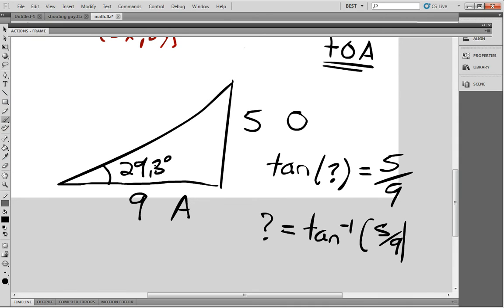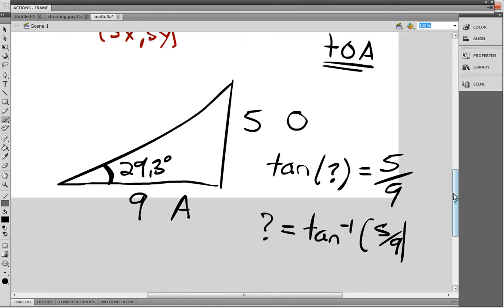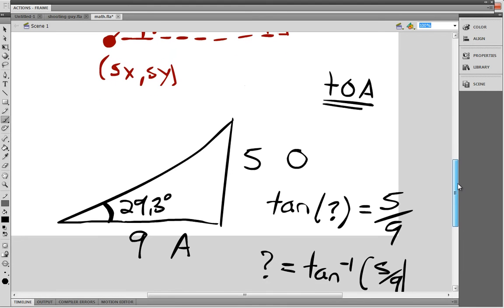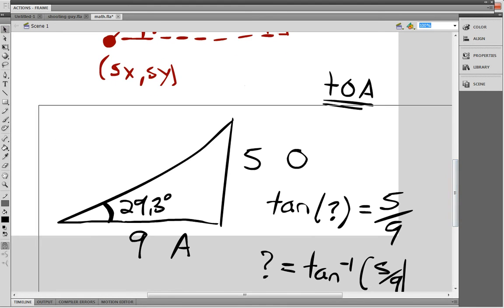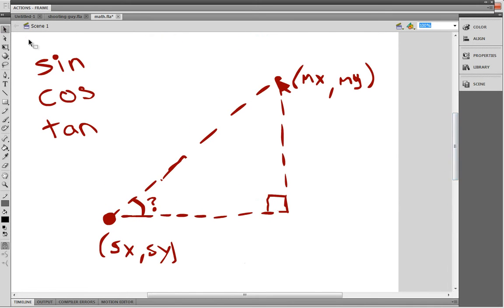Okay. So anyway, we found that the angle right there was 29 point something, but around 29. So that's how we use that. Basically, if we use this, we're going to change the angle of the arm every time the mouse moves. Both of those coordinates change, or at least the one where the mouse is.